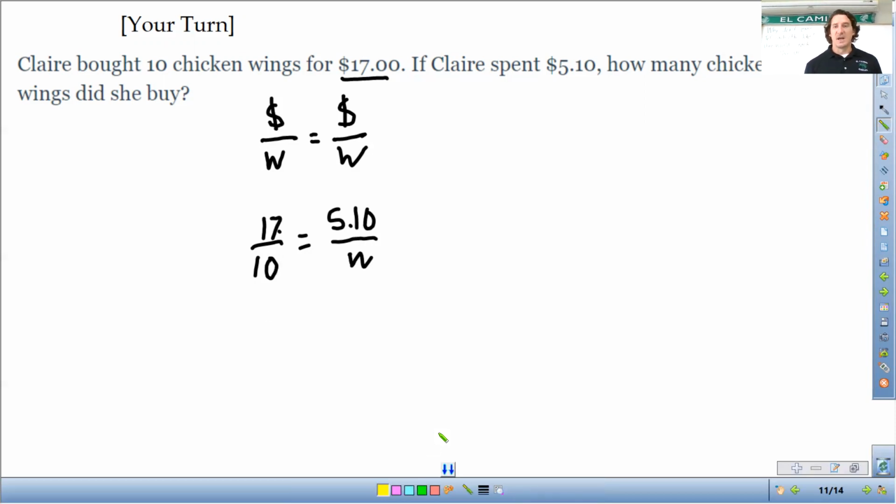So just like the other problems, we're going to cross multiply. Let me get my line of separation in here real quick. So 17 times W is equal to 10 times 5.10.